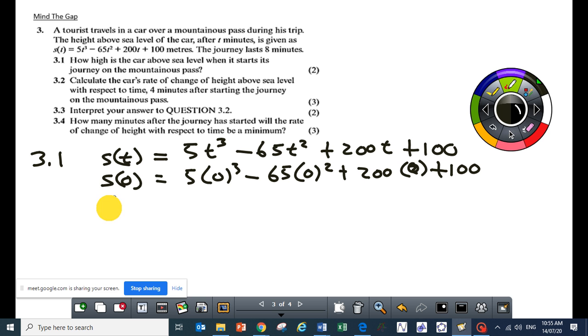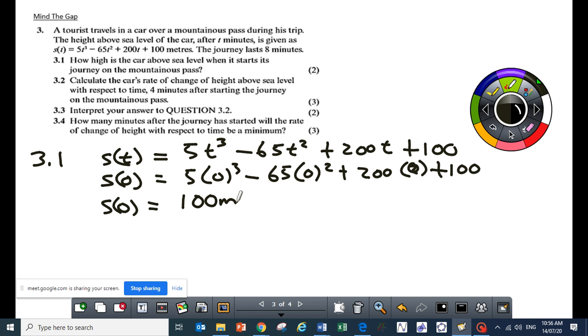So the height initially is going to be, I just need someone to calculate that quickly. So that gives you 100 meters.